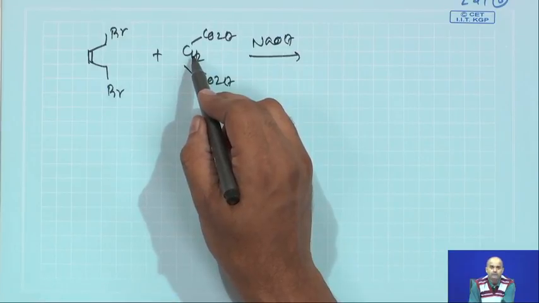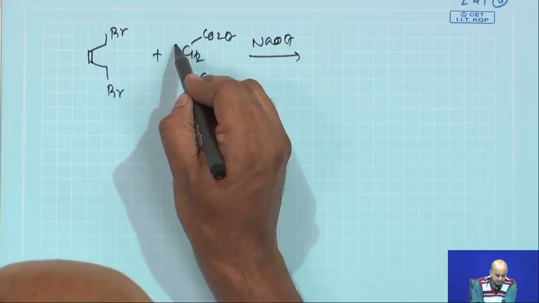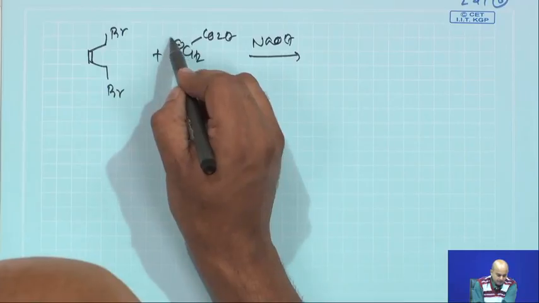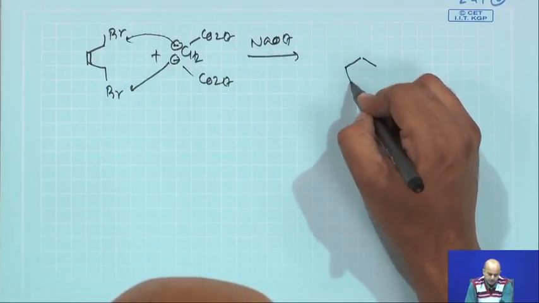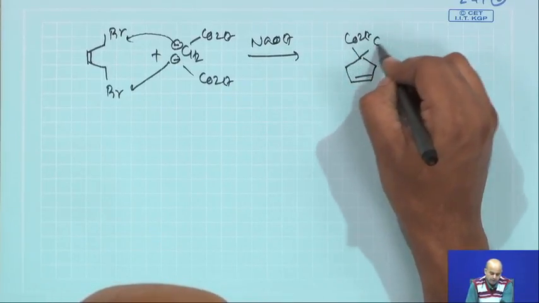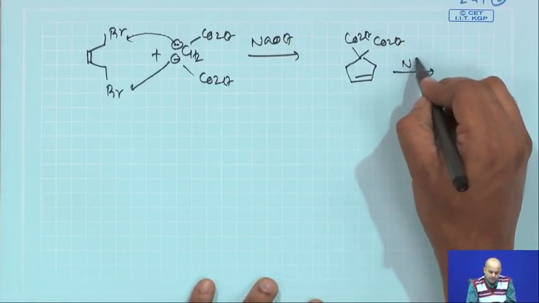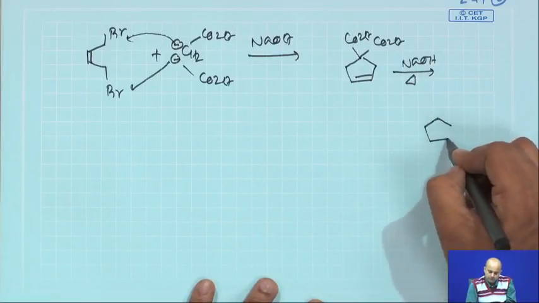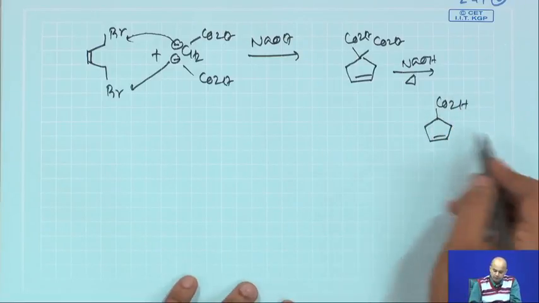Now, 2 hydrogens in principle can be abstracted by excess sodium ethoxide, and then this minus and this minus, by abstraction of this hydrogen, will basically give you a reactive species this way. So, what you will be getting? You get this CO2Et, CO2Et. Now, do the base hydrolysis followed by heat. So, decarboxylation will take place with one carboxylic acid remaining.